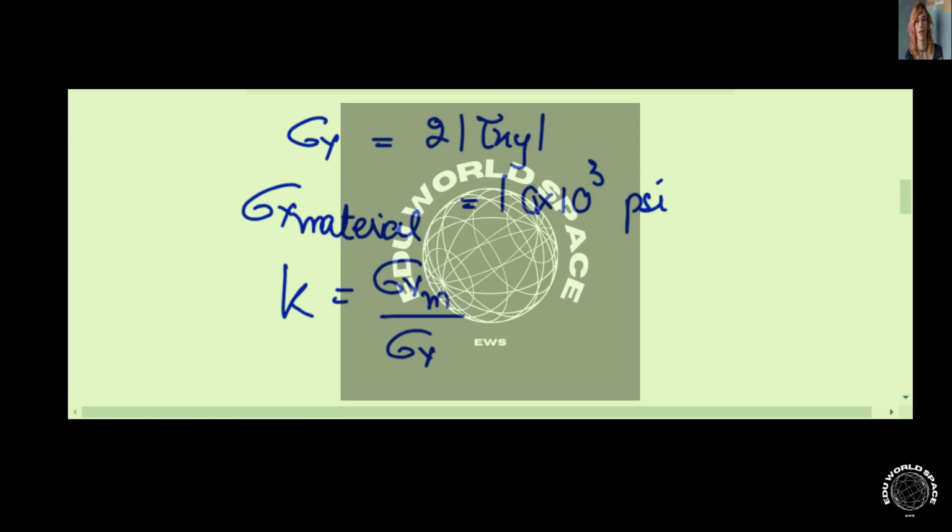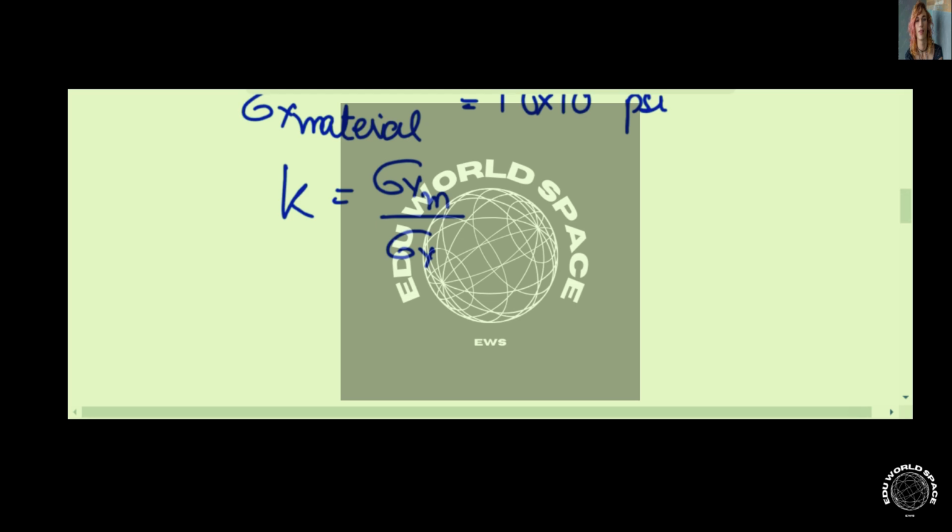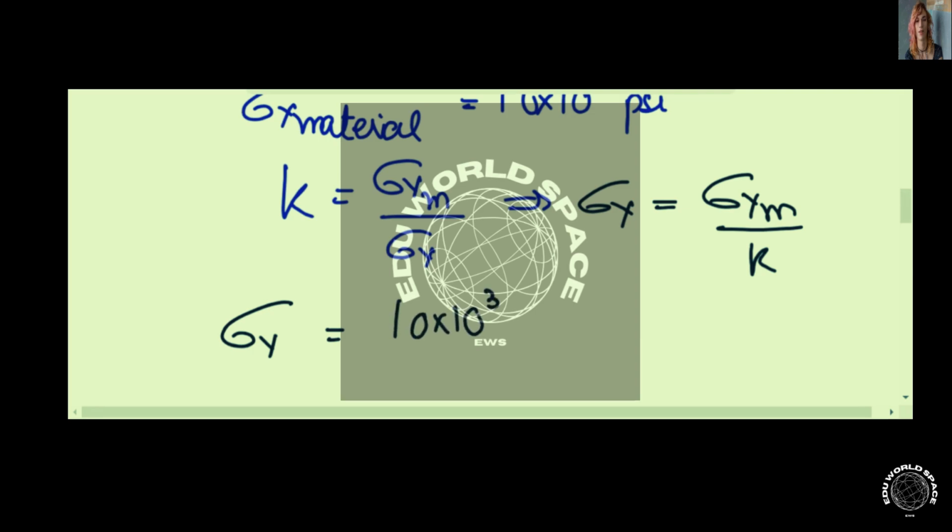We need to find the yield stress, so rearranging, the yield stress is equal to the yield stress of the material divided by K. Substituting the values, it is equal to 10 raised to the power 3 divided by 2.5, and that is equal to 4 times 10 raised to the power 3 ksi.